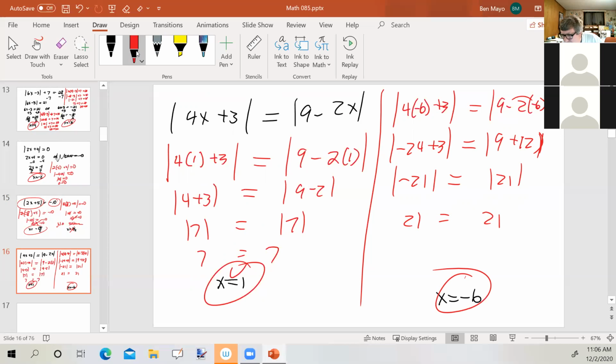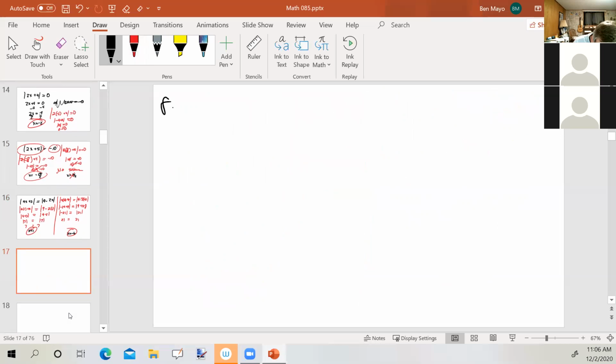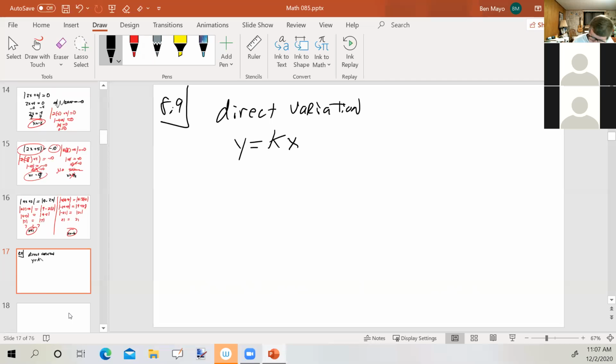And that takes us to our final section, which is section 8.9, variation. There are 3 kinds of variation. Direct variation, which generally speaking, let's see what variables they use, looks like y equals kx.